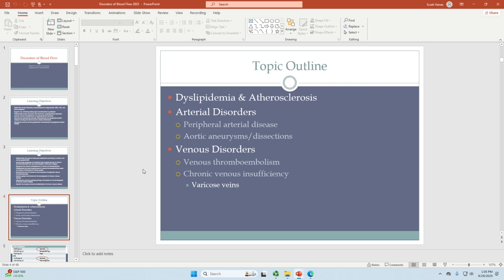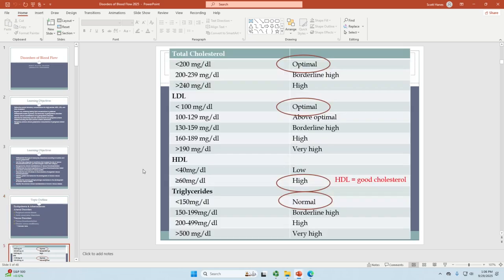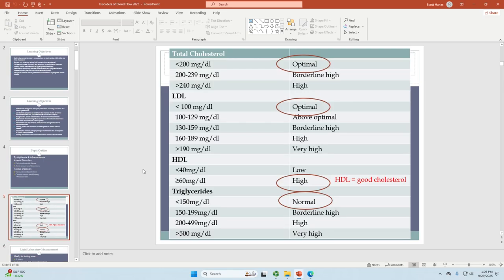Okay, and actually from here on out we're just going to be talking about disorders of the heart for the rest of the course. So that is our outline today, but all of it somewhat related to atherosclerosis for the most part.